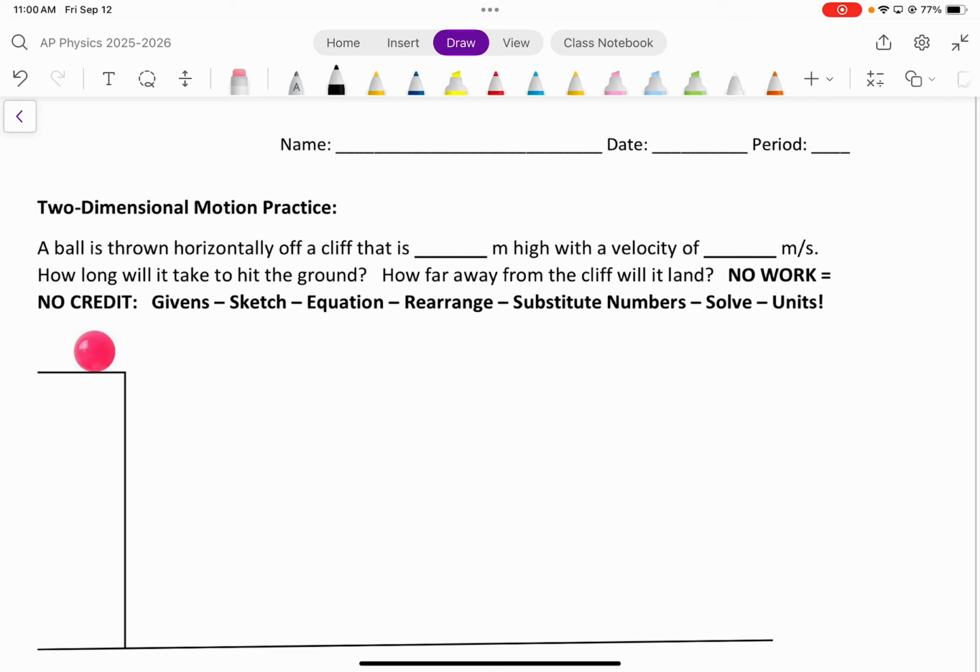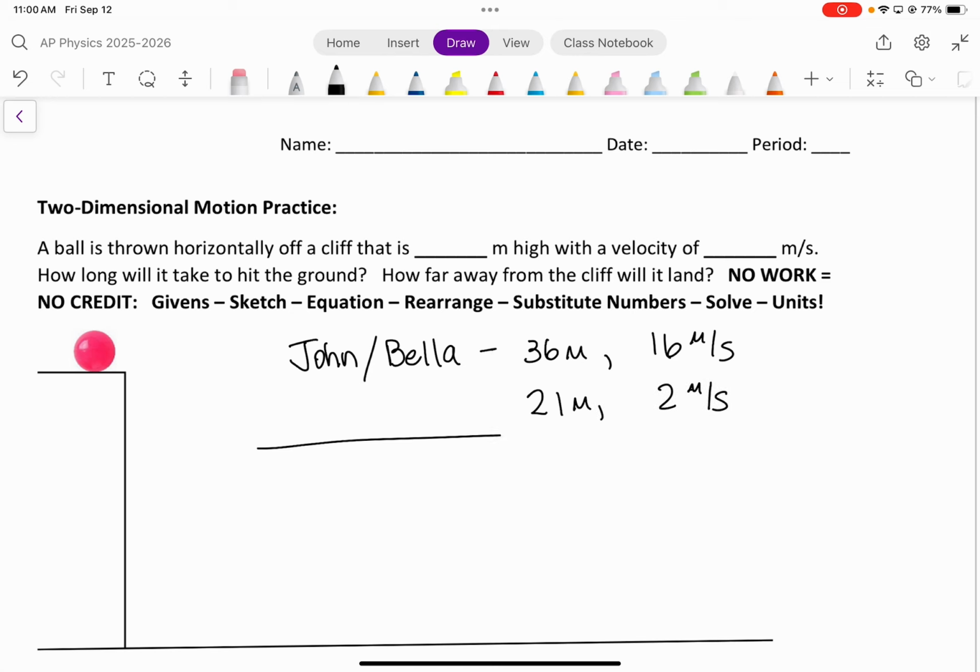All right, then for John and Gianna and Bella and Lydia, I am going to give you some numbers. John and Bella, you're going to do 36 meters and 16 meters per second, and 21 meters and 2 meters per second.